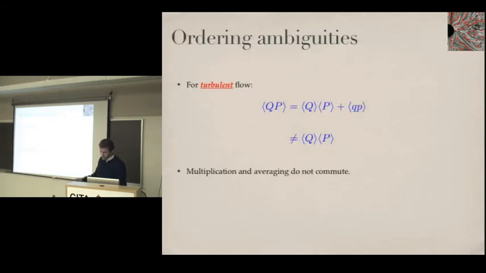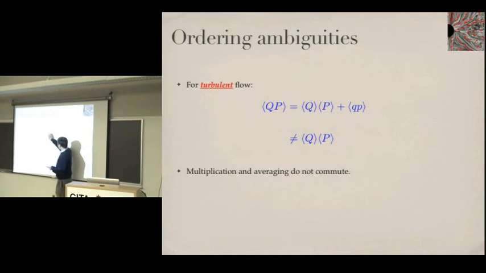I glossed over some other things. I want to just mention one because I kind of like it. That whole splitting of fields into mean plus turbulent has this effect. If I split these fields into mean plus turbulent, then the average of the product of the field is the product of the averages plus correlated turbulent fluctuations. In a laminar flow, there's no turbulence, there's no fluctuations, this is 0.